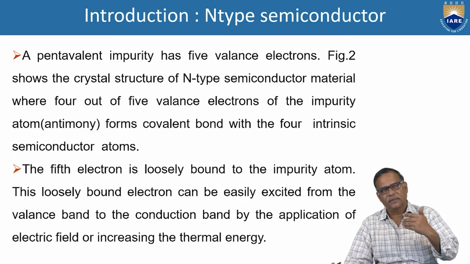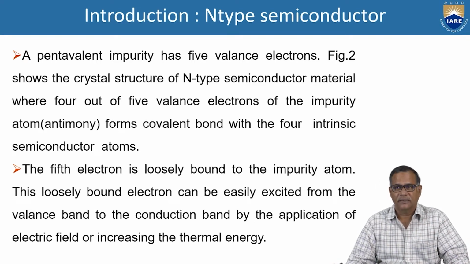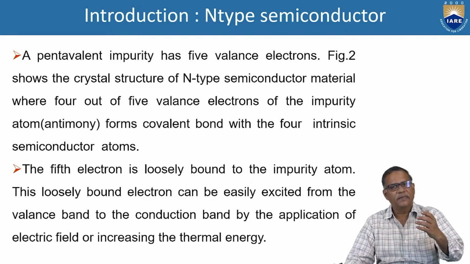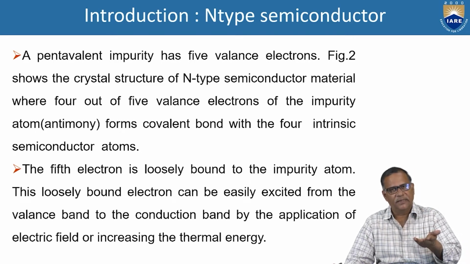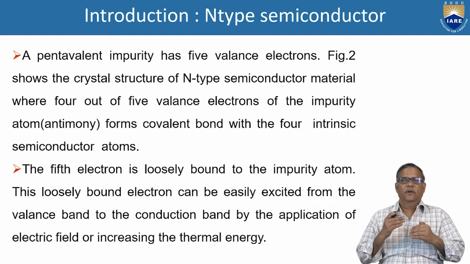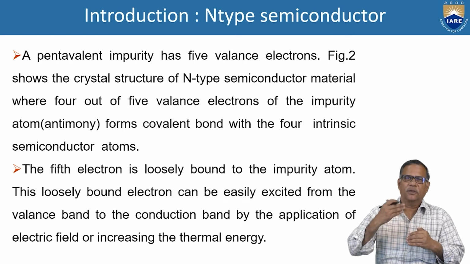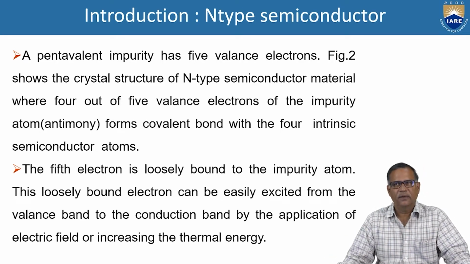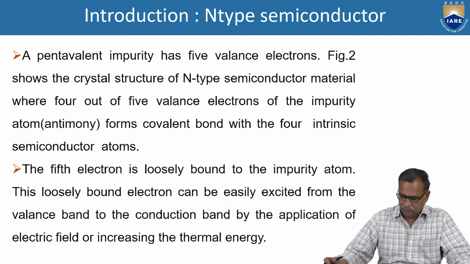Application of temperature is called thermal excitation. By application of electric field or by increasing the thermal energy, this extra electron will easily pass to the conduction band and it improves the conductivity of the material.